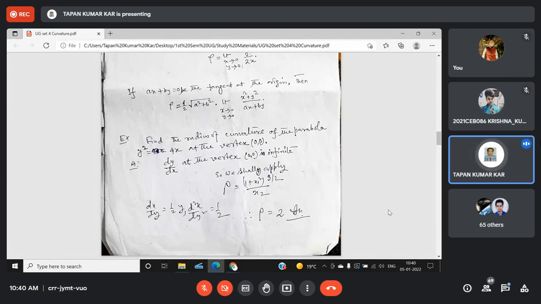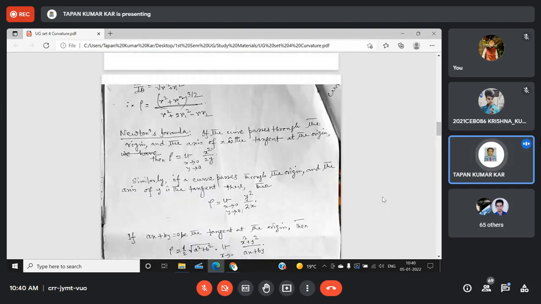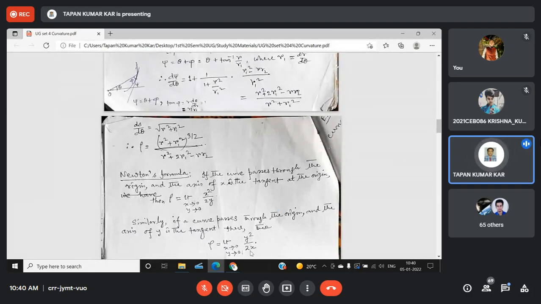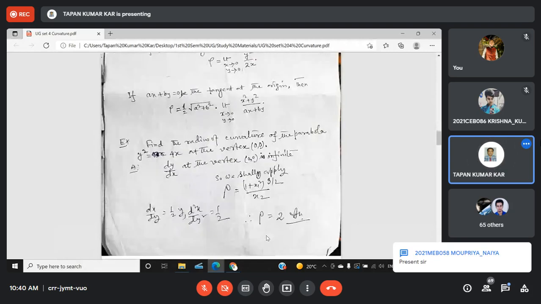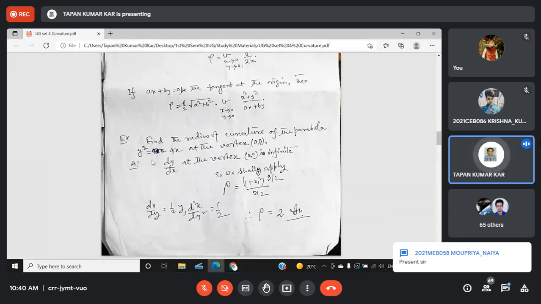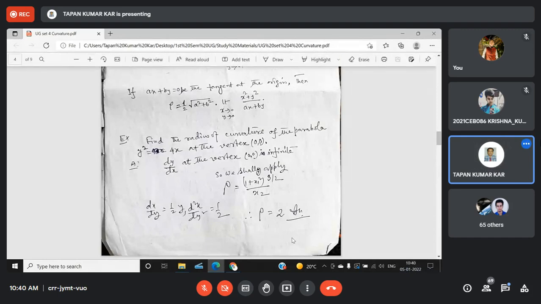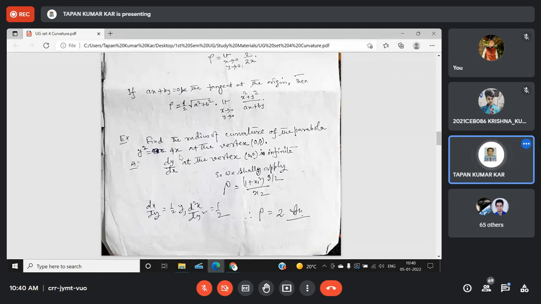If you take y square by 2x, that is equal to 2. You can use the Cartesian formula, but if you use Newton's formula, this is very much easier. Just one line. Tangent at the origin is y-axis.